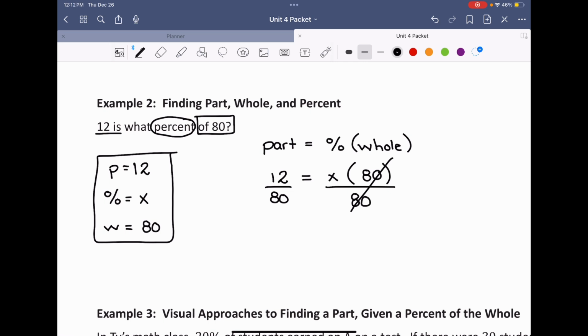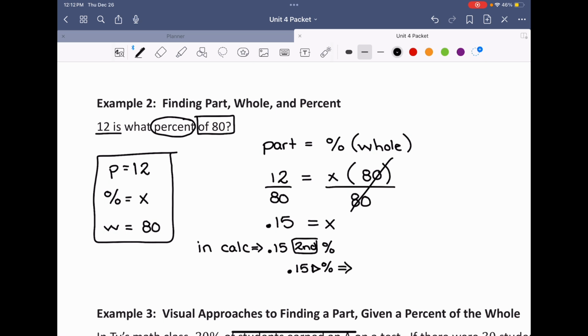All right, so 12 divided by 80 is going to give us 0.15 equals x. But 0.15 is in decimal form. It is not in percent form. So if I type 0.15 into the calculator and then I hit the second button, percent, it's going to look like this, 0.15 with a little arrow, percent.